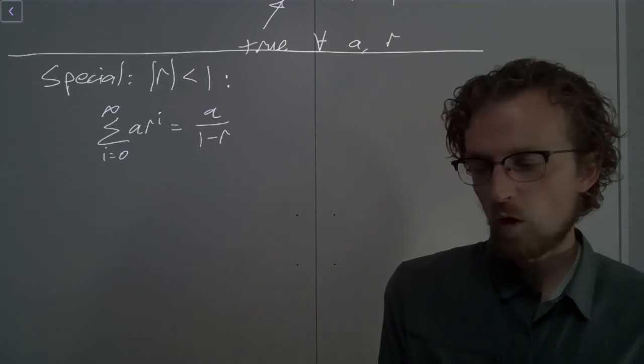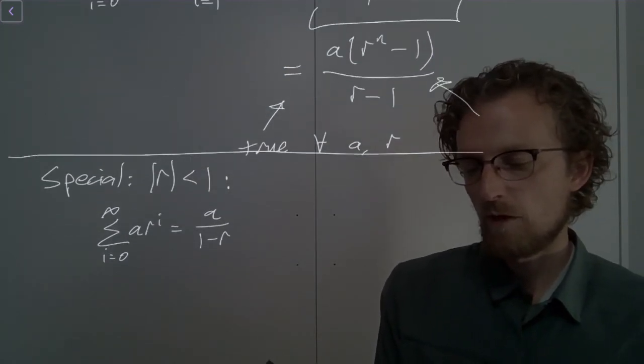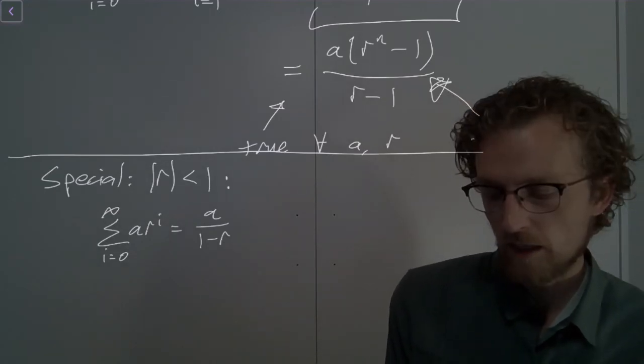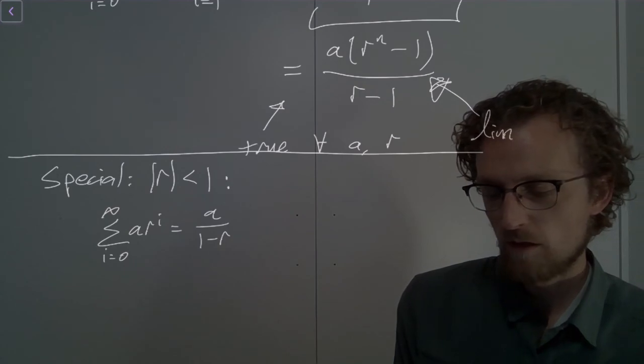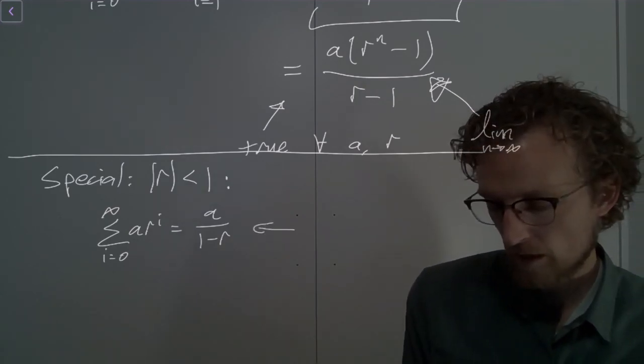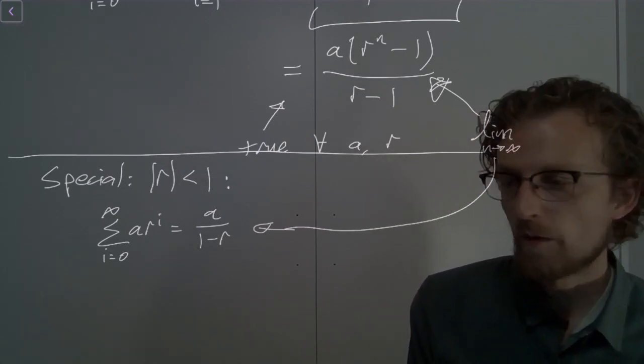Okay, and you can work that out just by first assuming that the absolute value of r is less than 1, and then taking the limit as n approaches infinity, and you'll end up with exactly this expression. Okay, so that'll be a handy thing going forward.